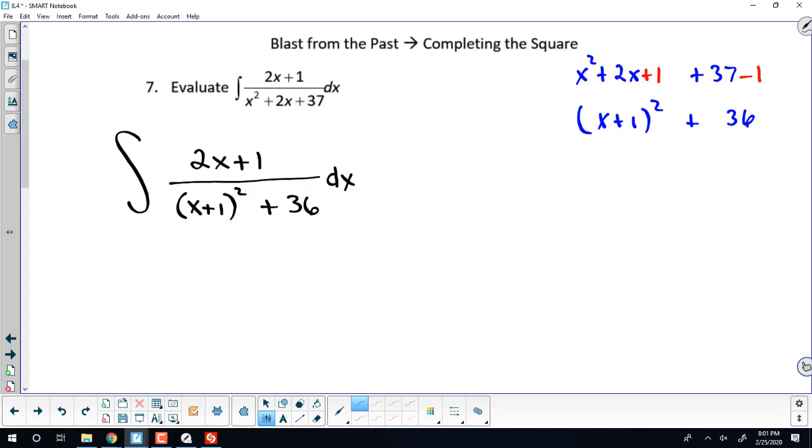So we call x plus 1 equal to, like, secant? Okay. And so on the bottom, you're going to trig substitute for x plus 1. So we could say we're going to let x plus 1 be tangent. No, 6 tangent. So we're saying x plus 1 over 6 is tangent, or x plus 1 is 6 tangent.